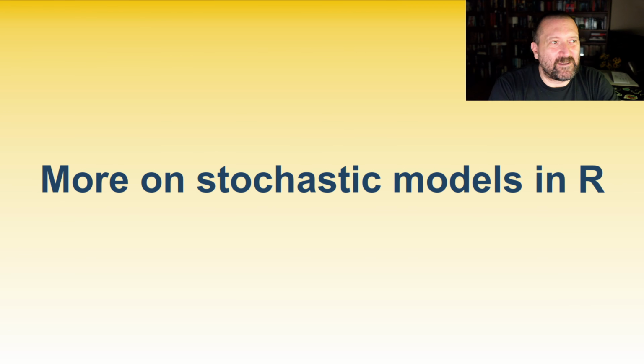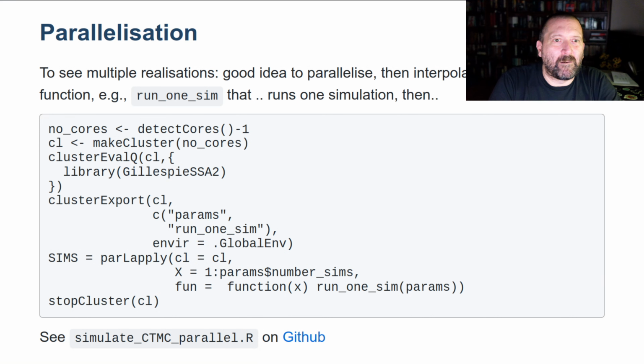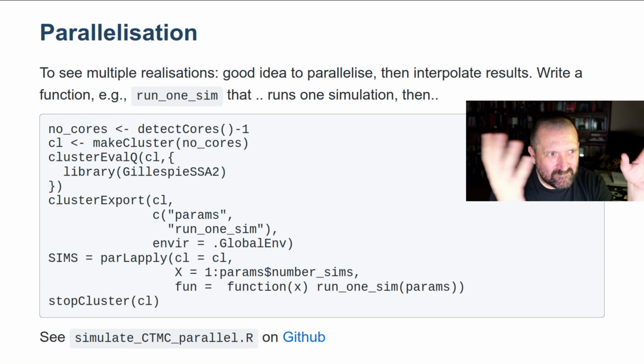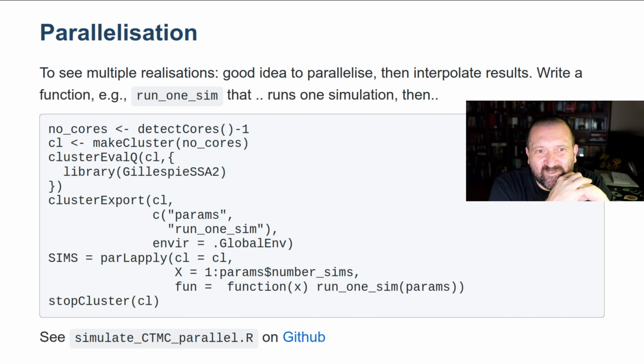The last thing I wanted to do was to make a very brief remark about stochastic models in R. I've walked around this topic a few times.